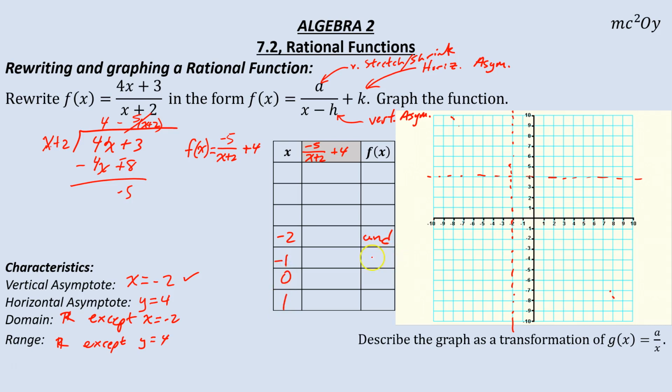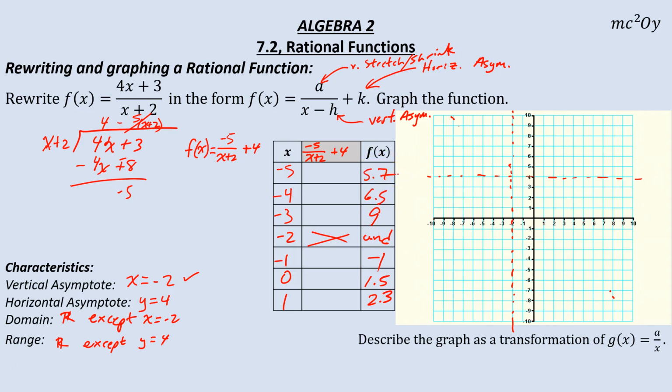Inputting -1 gives me -1 out. 0 gives me 1.5, and 1 gives me 2.3. There's my undefined. Then I have my -3, my -4, and my -5. -3 gives me 9, -4 gives me 6.5, and -5 gives me 5.7.